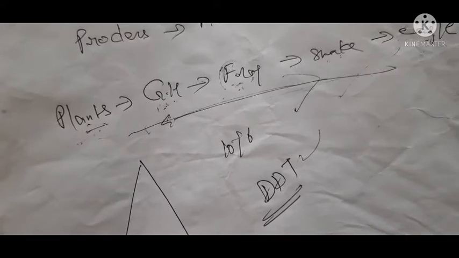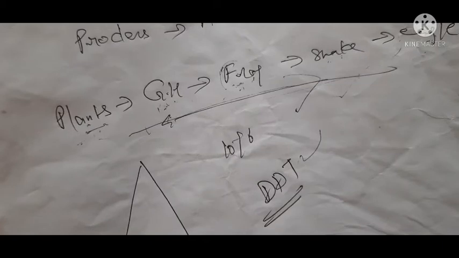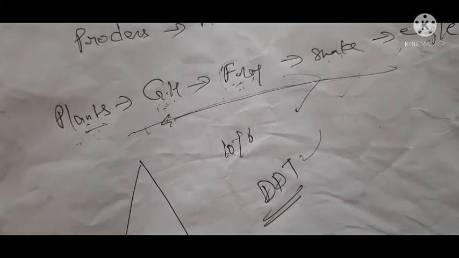Now when herbivores eat these plants, they go into the body of the herbivores. They are not degraded, they remain as such. From herbivores, it goes into the body of carnivores, and then it goes into the body of top carnivores. It keeps on accumulating in the body, and the concentration increases.